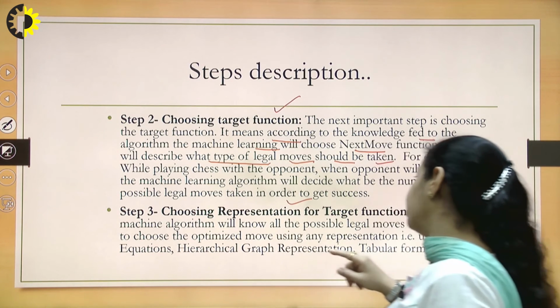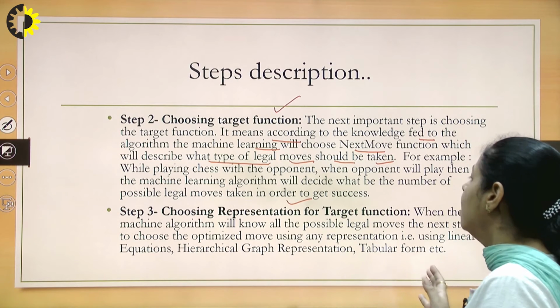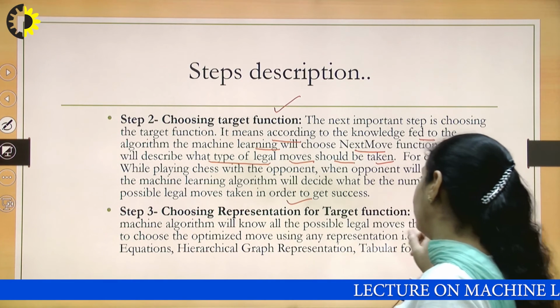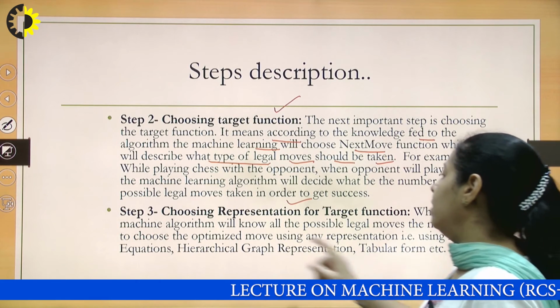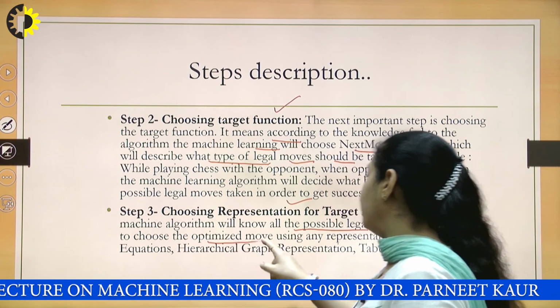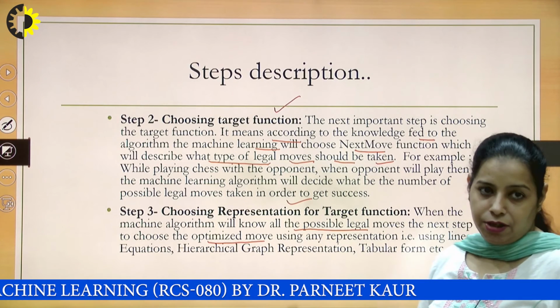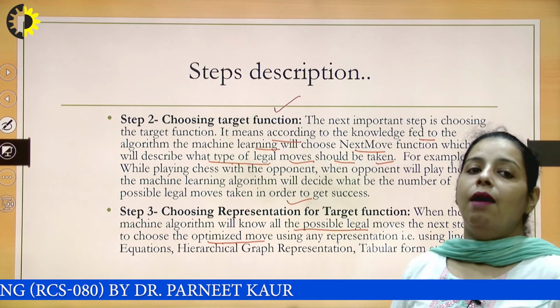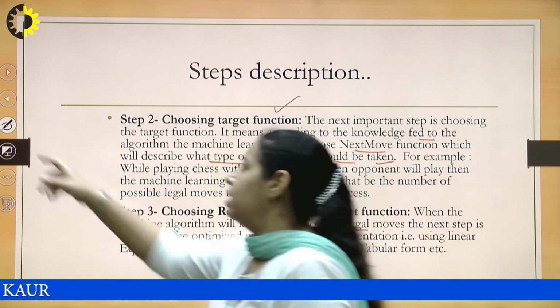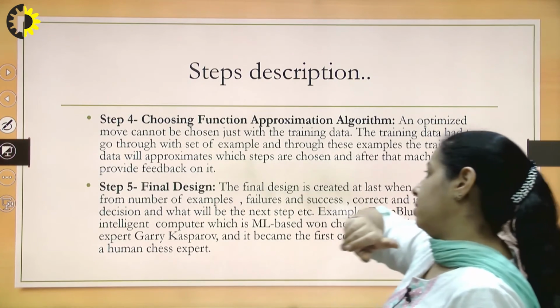Choosing the representation for the target function. Now it will see what all representations for the target function it has to go through. When the machine learning algorithm knows all the possible legal moves, it goes for the optimized move, the one that is most correct and will give a very good, accurate, or we can say optimal result. It will go with that step.